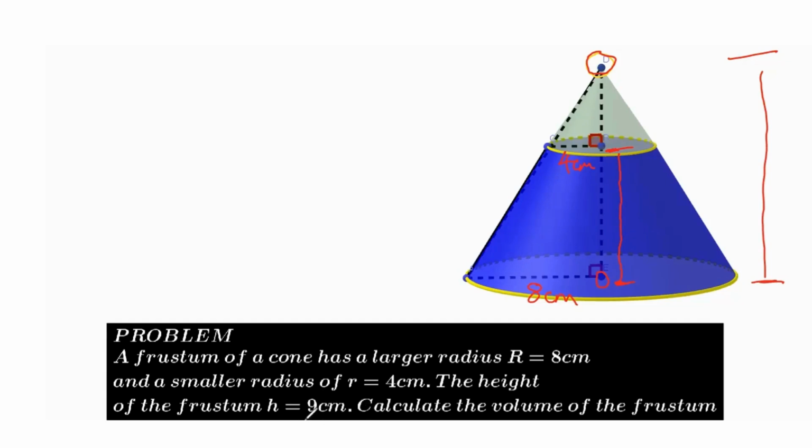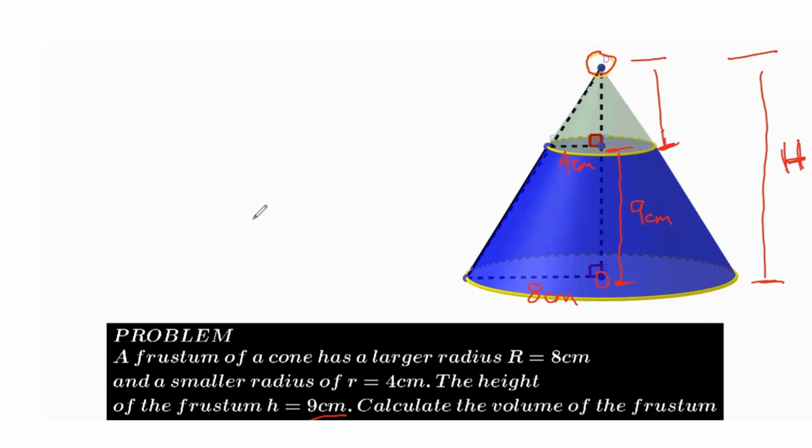Look at it here. They say the height of the frustum is 9, so this is 9. All right. So here we do not know the height of the big cone. And we also do not know the height of the small cone, right?